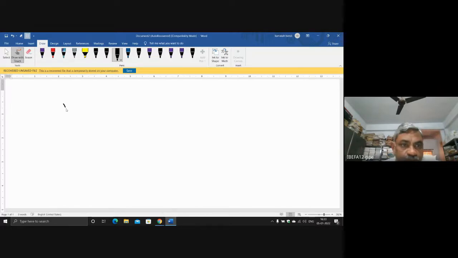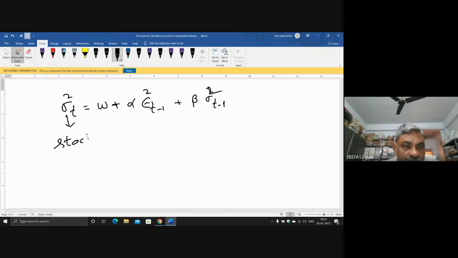For example, sigma square t equals omega plus alpha epsilon square t minus 1 plus beta sigma square t minus 1. If you observe this, what is the nature of this? Is this stochastic? Meaning, is it a random variable or whether it is deterministic? What is your view?